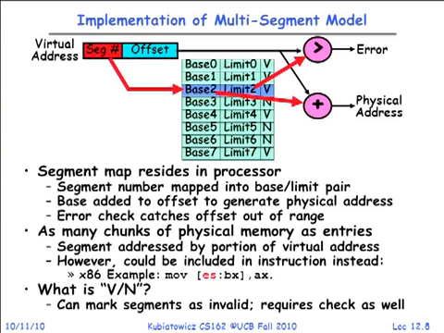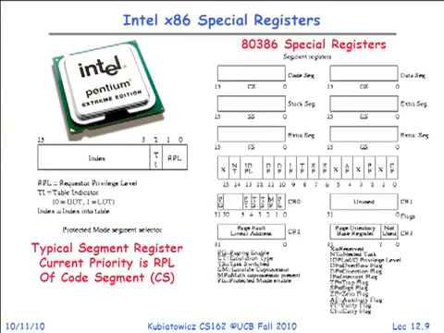Okay. So, in fact, if you look at the x86 architecture, it, of course, supports segments. And what's kind of interesting about it is the x86 is nothing if not legacy. If you don't know the story of the x86, it started out as the 8086, which was only produced in the 8088 version originally, which was an 8-bit version of a 16-bit processor.